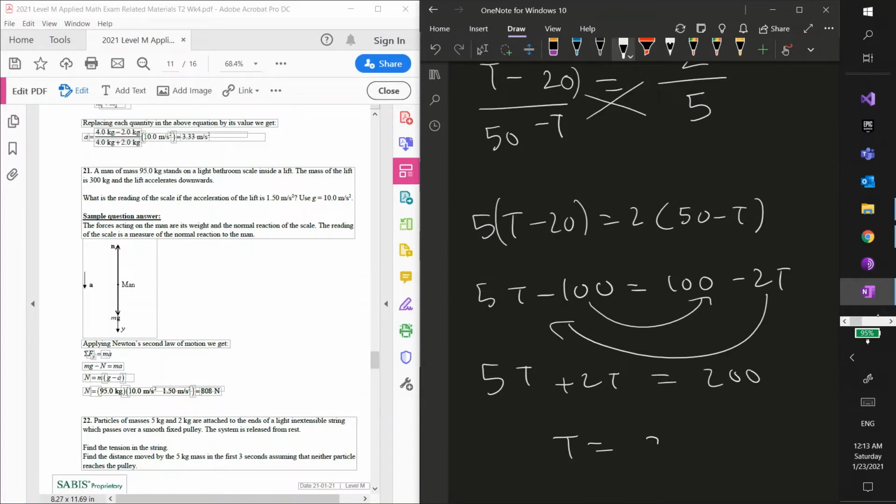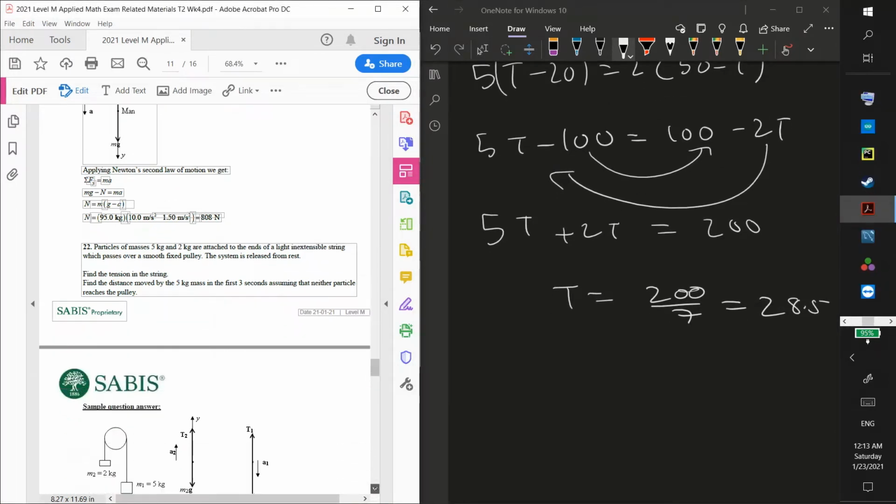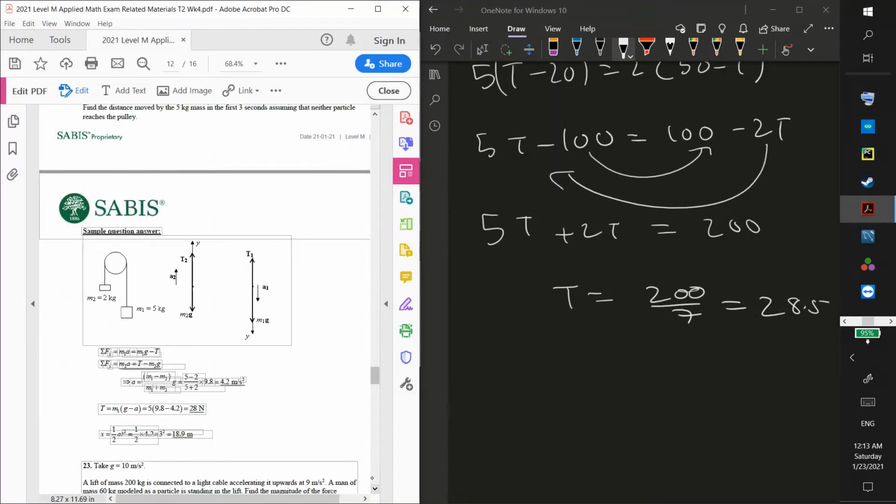T is equal to 200 over 7, which is about 28.5, something like that, I guess. Let me just check, am I correct? Yeah, 28.5. The reason why I got 28.5 and they got 28 is because they used g to be this, but in the exam you use g to be this. I've said this a million times now.